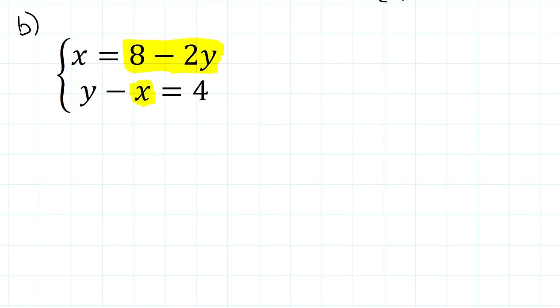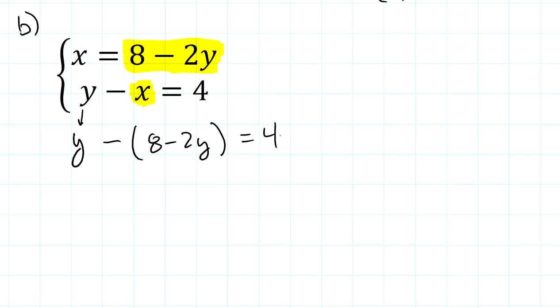So the key here is I'm rewriting the second equation. So I'm going to begin with y, just like above, minus, and now I need x, which is 8 minus 2y. You can see that. So that's y minus x, and this equals 4. Now, I'm subtracting this quantity, right?